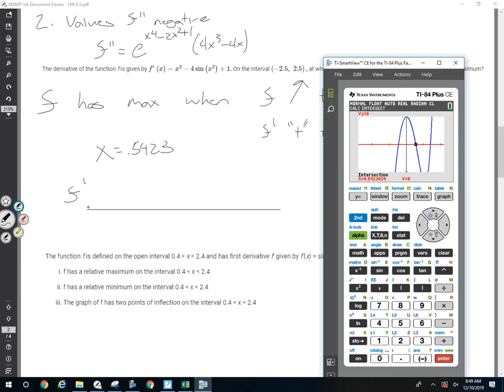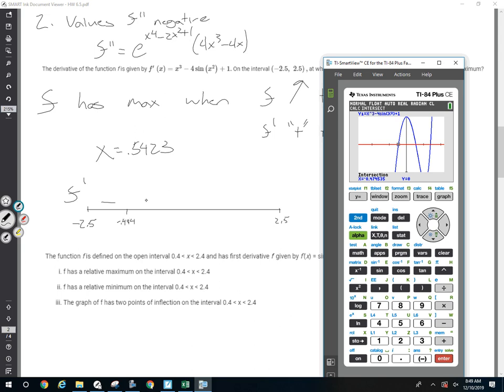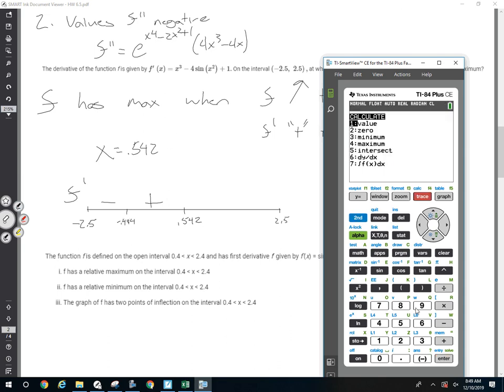If you recall, we used to do this by hand with our friend the number line. We'd say f prime, starting at negative 2.5 and going to 2.5, was negative until, let's find this intersection, negative 0.474. That it was positive until 0.542, just 3 decimal places. And then it was negative. Now notice, negative values, positive values, not going up, going down.